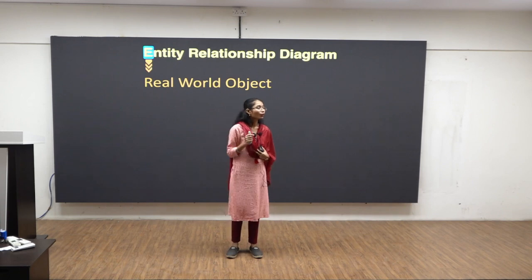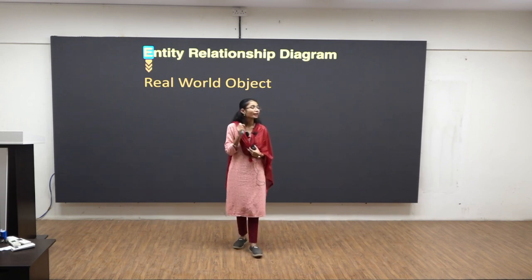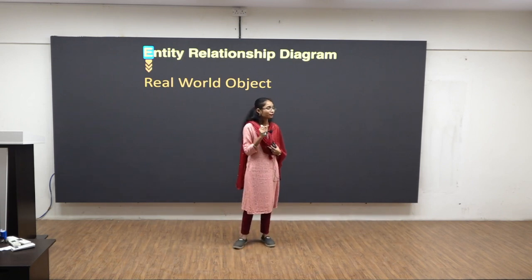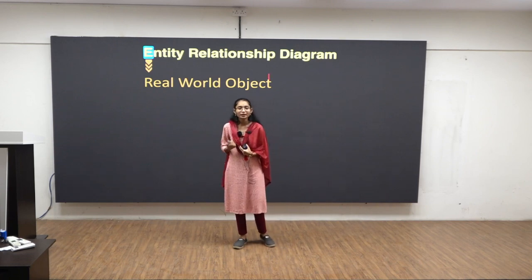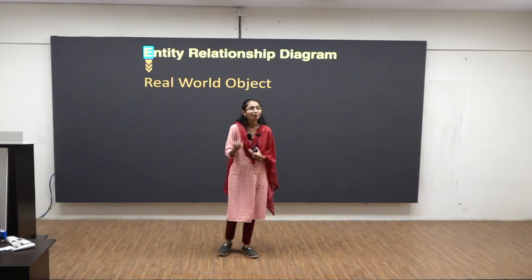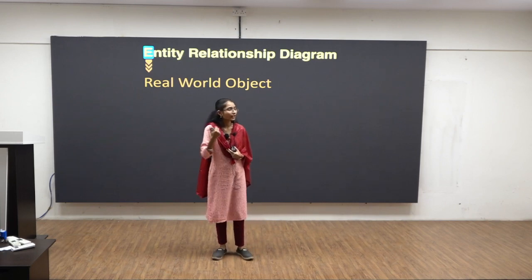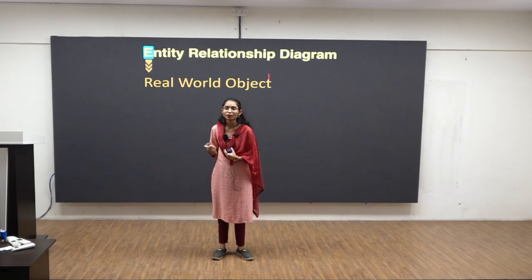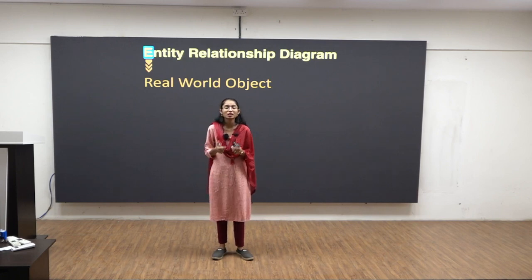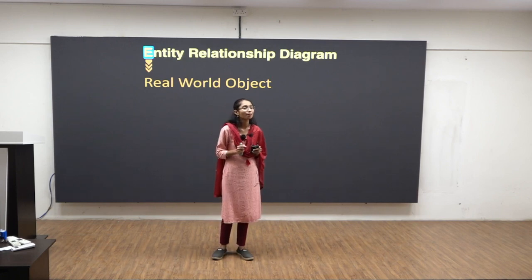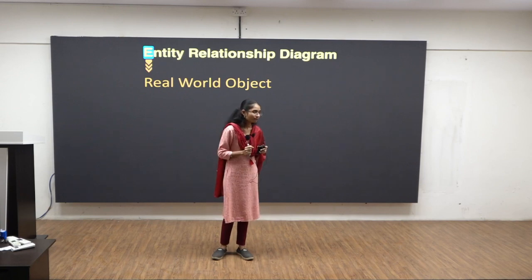It is a real world object and you can give multiple examples for this. You can give a student as an example, an employee, a person, pen, mobile phone, laptop. Like this, you can give multiple examples for an entity.